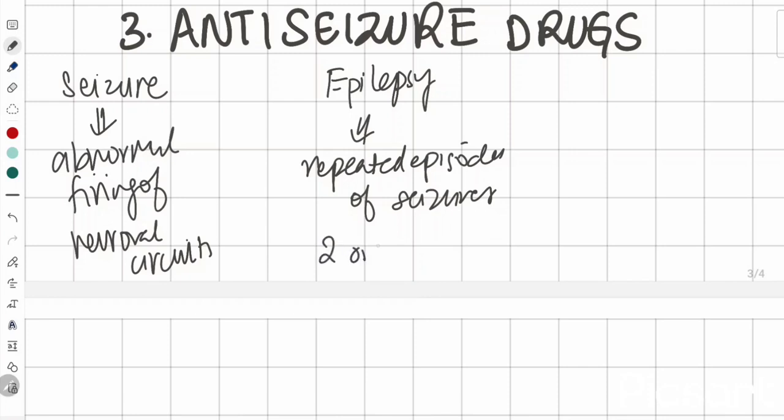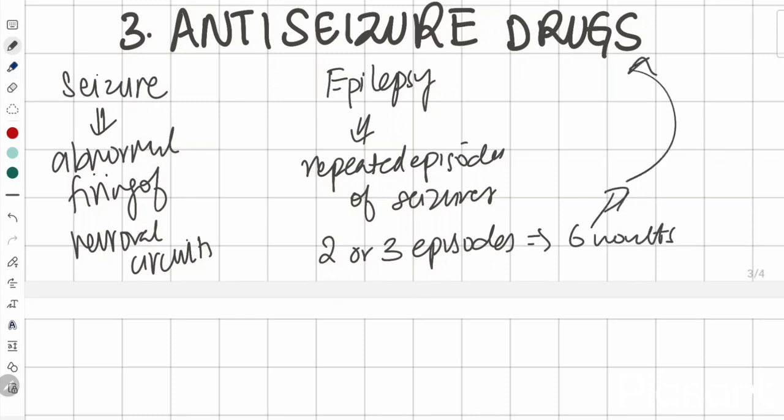Mostly if there are 2 or 3 episodes of seizures over a course of 6 months, you start the patient on anti-epileptics. All right.